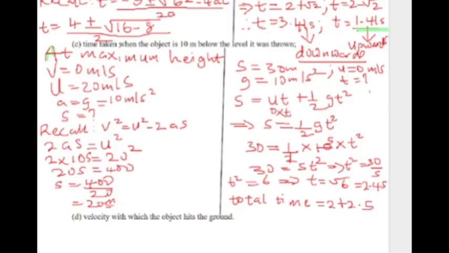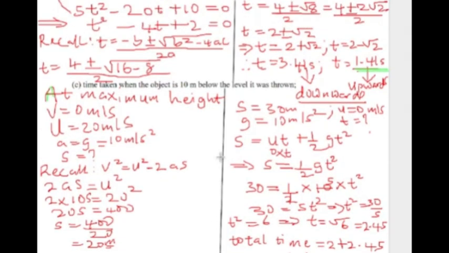This is also 2.45. So therefore, we see that T is 4.45 seconds. That's how we solve. So it's just for us to understand this motion under gravity. Once you have a good understanding of what is going on, we can always use the right equation to solve what they want us to solve.